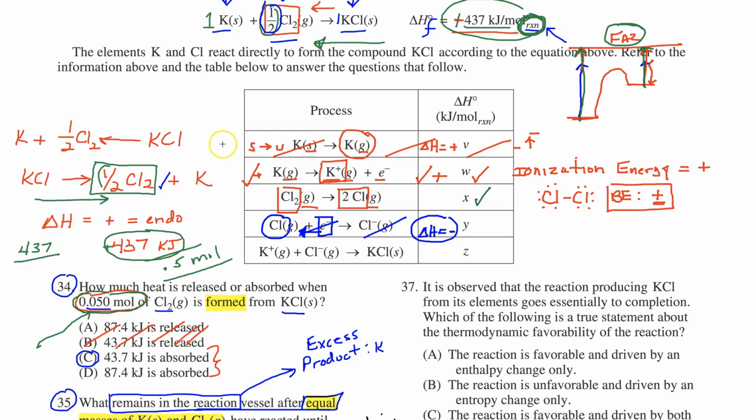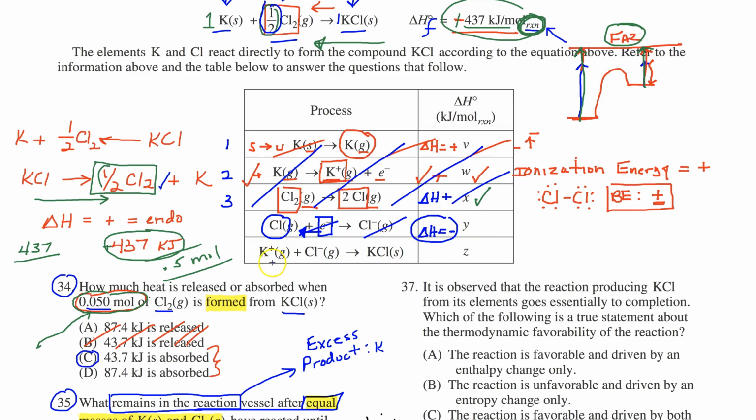The first, second, and third rows all have positive delta H's, meaning they require energy, so we wouldn't consider 1, 2, or 3. This one would be negative for reasons we just explained.